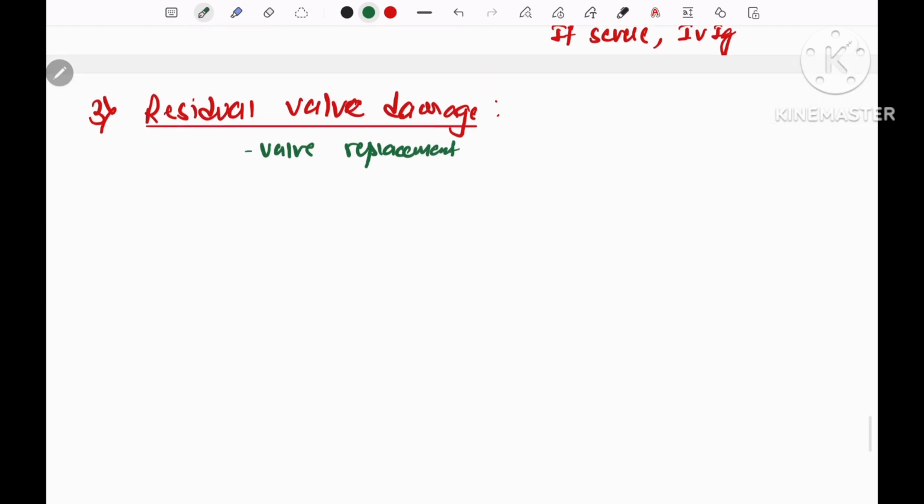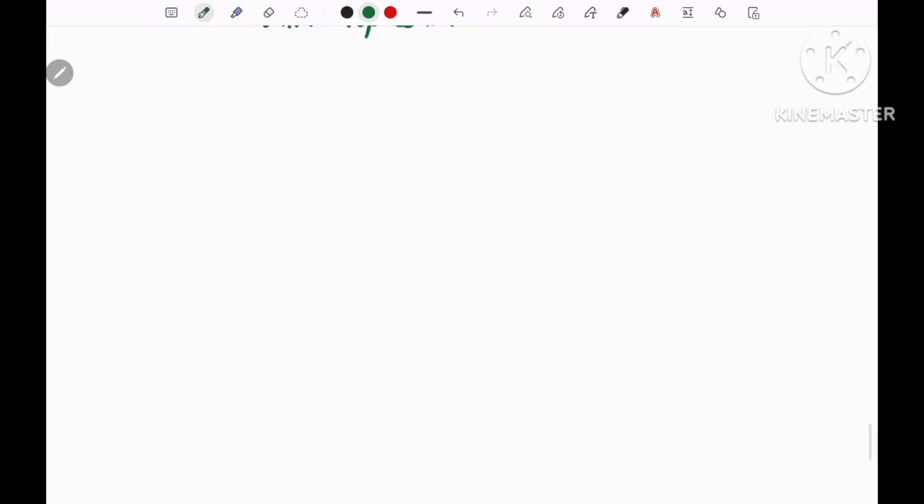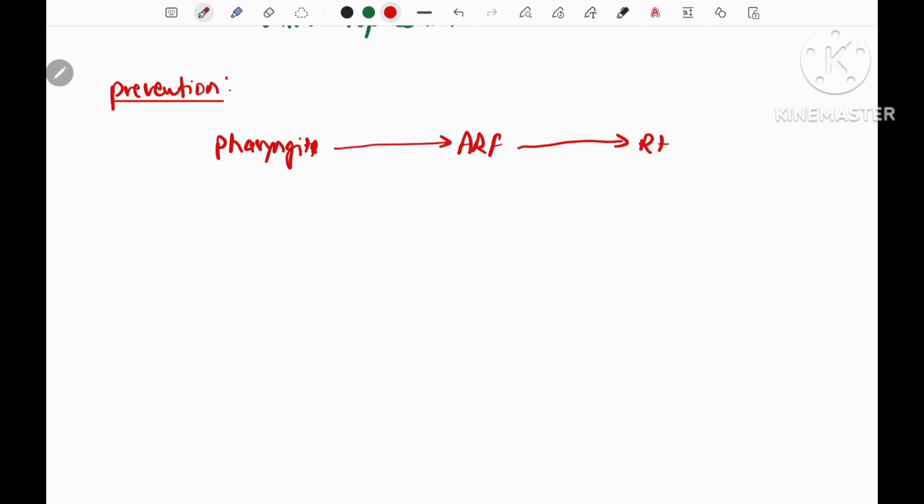Now the final discussion is on the prevention of rheumatic fever. For prevention of rheumatic fever, there are two types of prophylaxis. One is the primary prophylaxis, and the second one is the secondary prophylaxis. If there is pharyngitis, it may proceed to acute rheumatic fever, and again it may proceed to rheumatic heart disease.